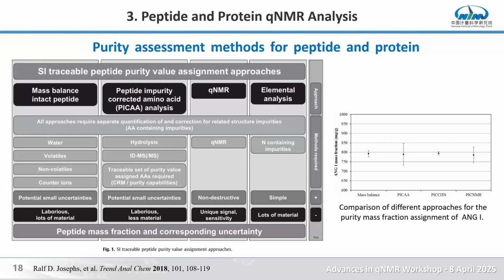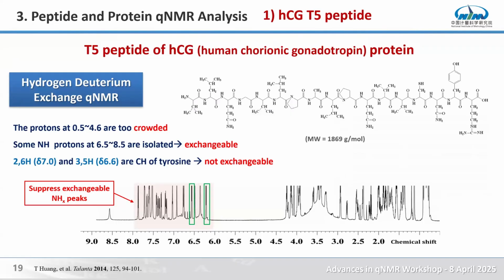They always have similar amino acid residues to the main components. So I will give you 3 examples to discuss the feasibility of qNMR for peptides. The first example is the application of HD exchange in qNMR, which was posted by Dr.